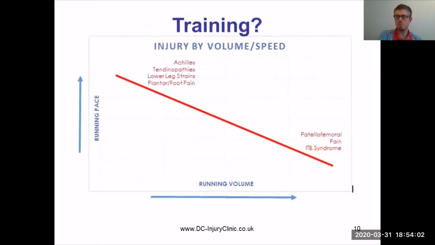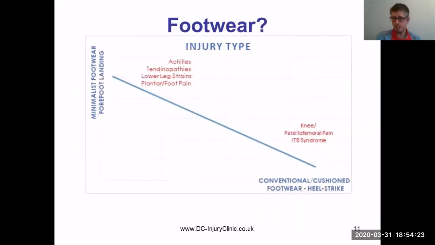Certain things do seem to correlate. For example, running volume: more likely to get knee pain, so PFPS or iliotibial band syndrome, whereas the faster we're running, we're more likely to have Achilles type pain. So the greater the volume, if we've suddenly increased our mileage, we're more likely to get knee pain. And footwear is interesting.